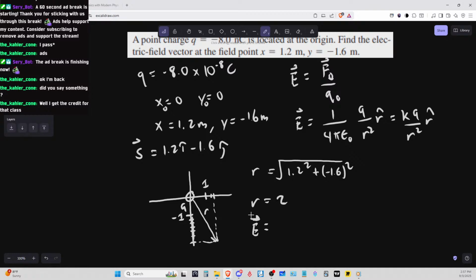Okay, here goes. We'll just go with what Titan suggested: we put k in. 9.0 times 10 to the 9th power times negative 8.0 times 10 to the negative 8 power, and then divide by 2 squared, which is basically 4.